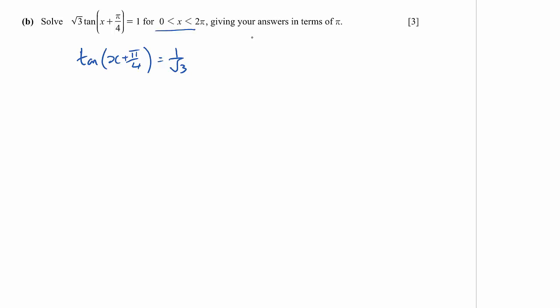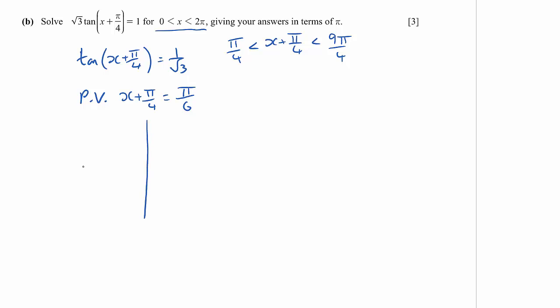If x is between 0 and 2 pi, then for x plus pi by 4 we're going to be solving between pi by 4 and, now 2 pi is 8 pi by 4, so we're going up to 9 pi by 4. So the principal value here for x plus pi by 4 is going to be pi by 6. The tan of pi by 6 is 1 over root 3. You've got a calculator, but you should really know these.